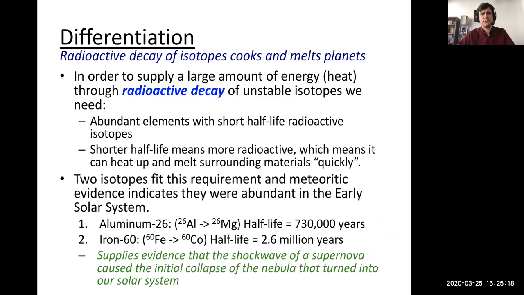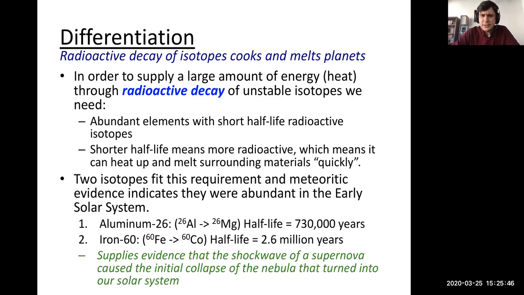And if you go back and see this in video 1, whenever I say very radioactive, what I'm really saying is radioactive elements with short half-lives. Short half-lives means that they are going to change from parent to daughter very, very quickly. They're going to give off lots of particle radiation and lots of energy, heating up the material around them, dumping in enough heat fast enough to melt these protoplanets.